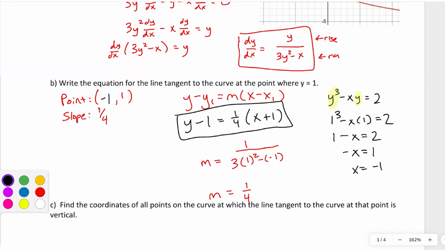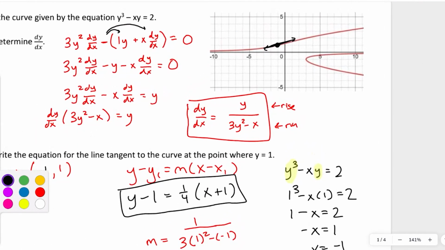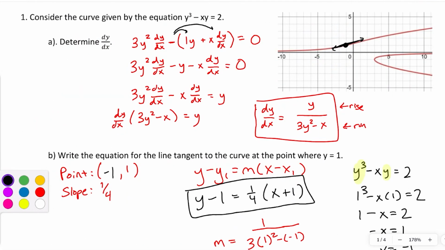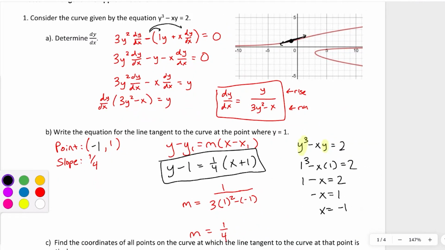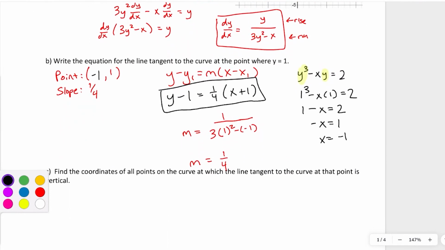And if we look back at our sketch here, we can kind of see that should make sense, right? Our slope does appear to be like up 1 over 4, up 1 over 4 on this graph. Okay, so that's all the old stuff, yeah? Let's take this a little further.